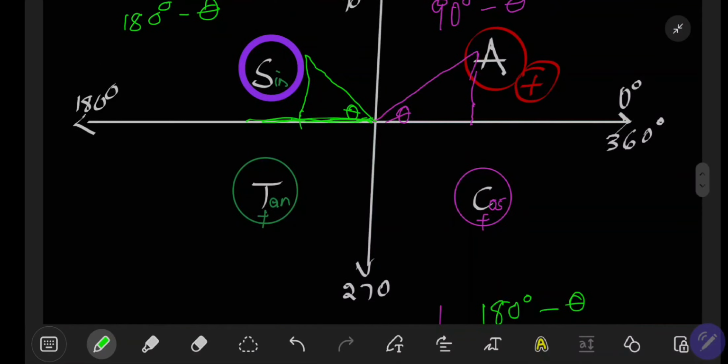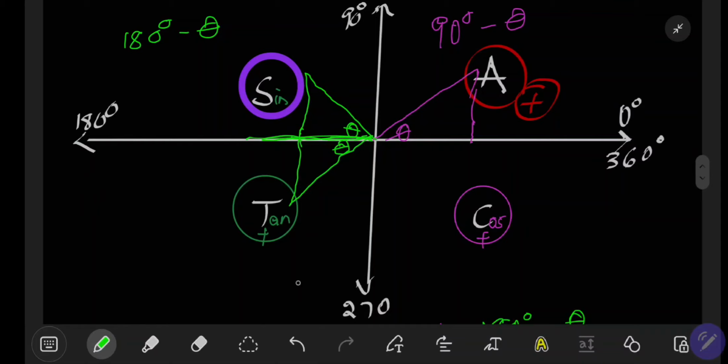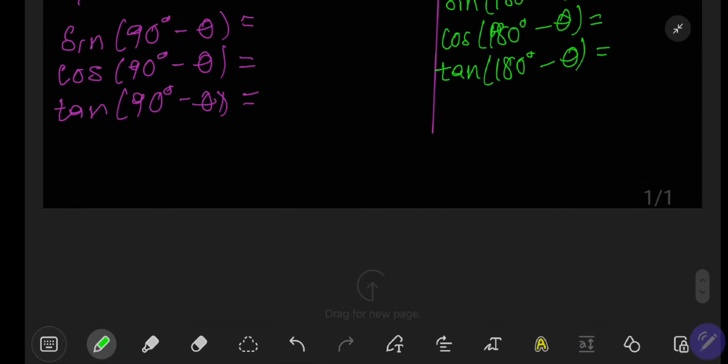Then when we move to the third quadrant, we are going to have our angle here. So this angle will be 180 degrees plus theta, because this angle is relative to this line here. So in this case, it's 180 degrees plus theta. That is the third quadrant.